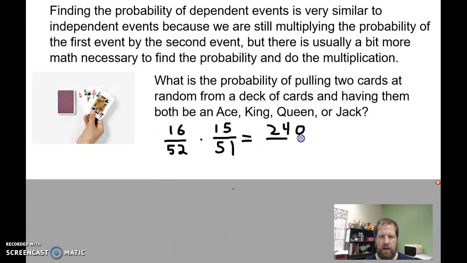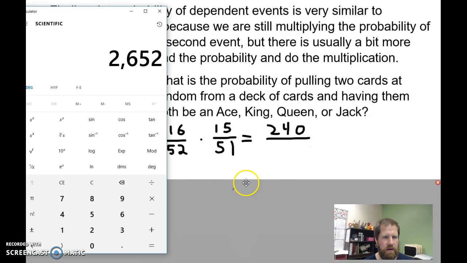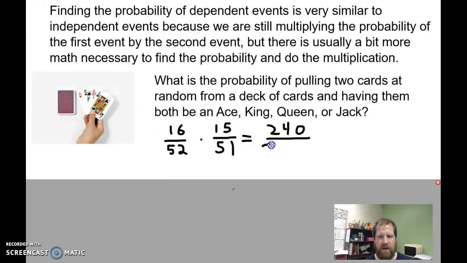Oh, that's a lot of options in the sample set. So 2652. Now we're going to want to simplify that.